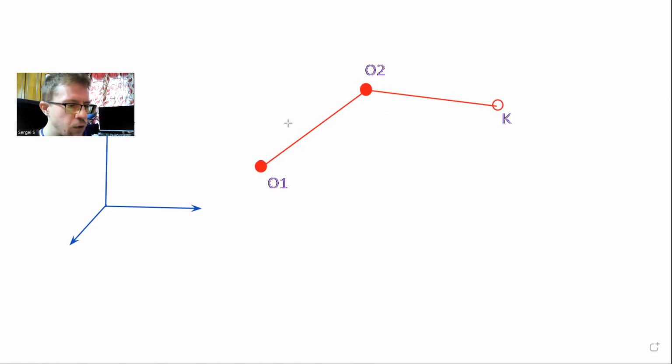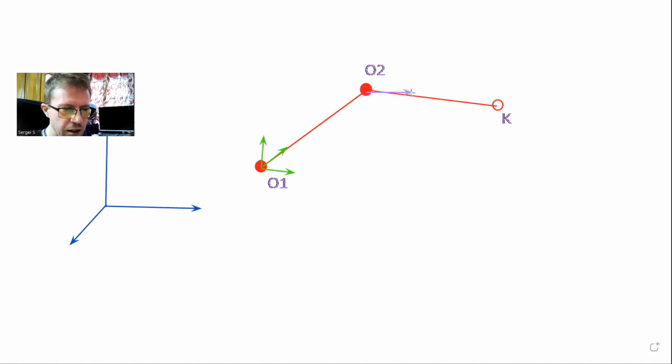Okay. What are the frames that we are dealing with? So aside from world frame, we have F1 frame. Let's say it is kind of like this. Okay. Then we have our second frame.